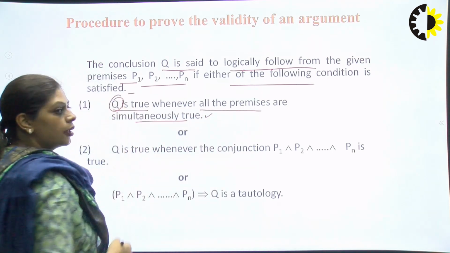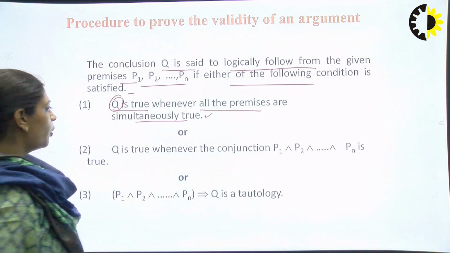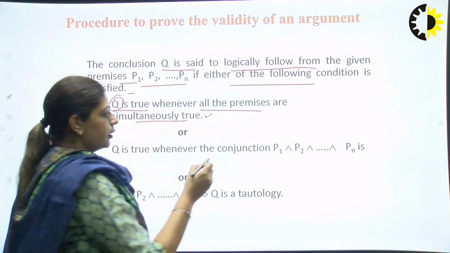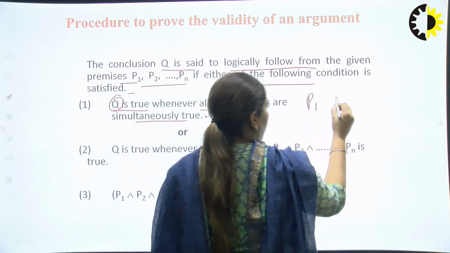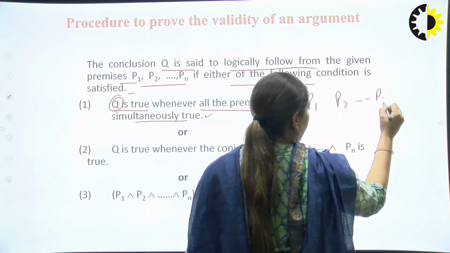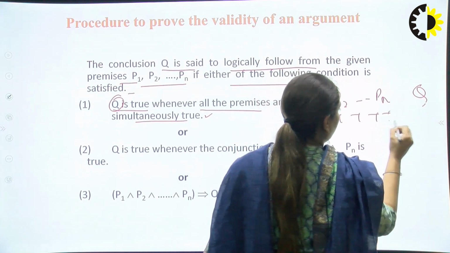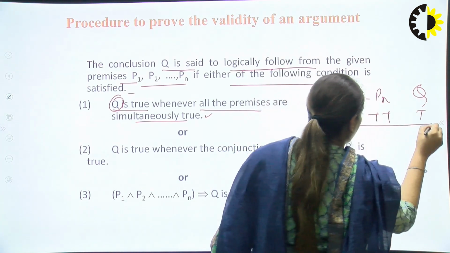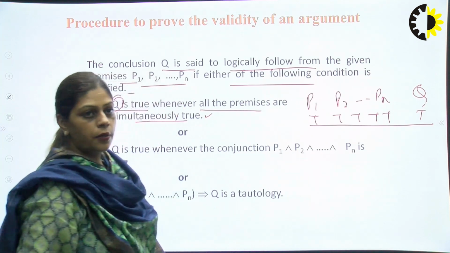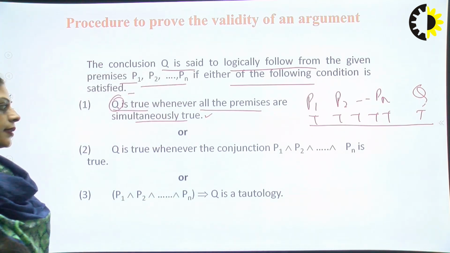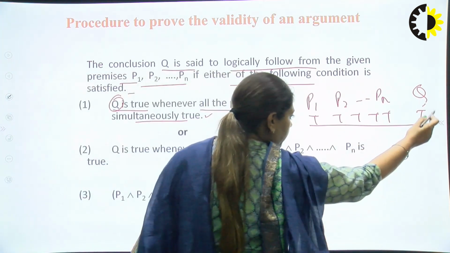Q is the conclusion. The conclusion is true when all these premises are true. Here are the premises P1, P2 up to Pn, and this is the conclusion. We should have true in all the rows where all premises are true; there the Q has to be true.